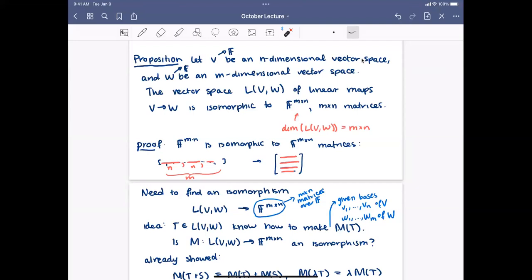And there was a result in the book, numbered 3.5, that says if you define a linear map by what it does to each basis vector, then it is a linear map and it's unique. So the fact that these do the same thing to each basis vector already tells you they're the same linear map.